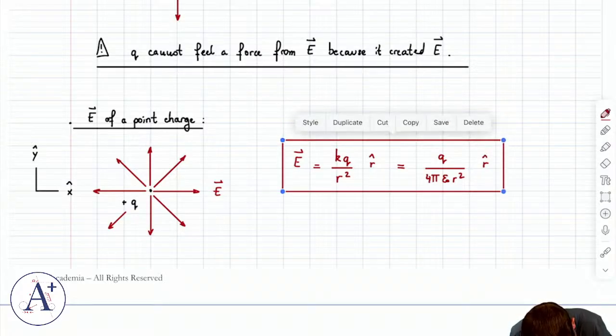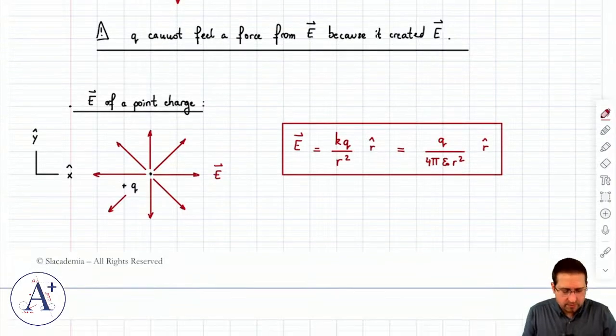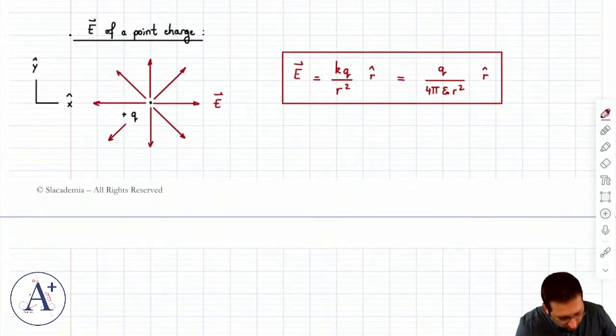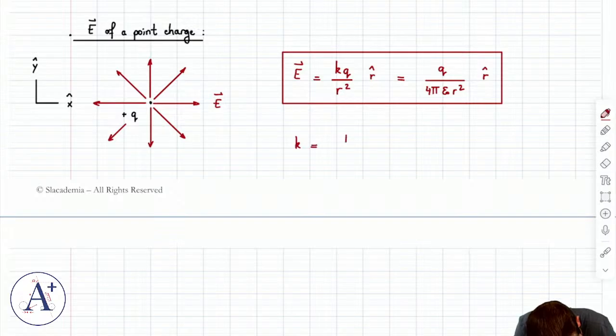Okay. So let's kind of go through this and unpack what we just wrote. First things first, k is short for 1 over 4 pi epsilon naught, and it's pretty much 9 times 10 to the 9 newton meter squared per coulomb squared.